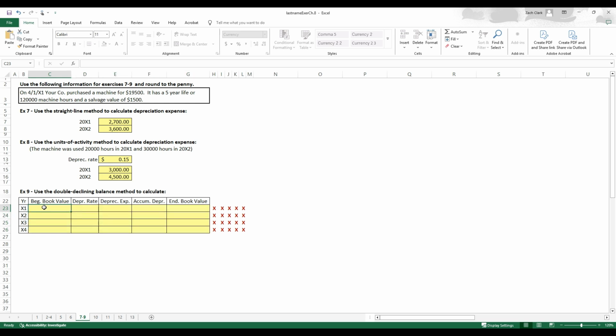All right, so now we're going to look at the double declining method. So remember that we don't use salvage value, so ignore that. And then to figure out our depreciation rate, we take 2 divided by, because it's double declining, so 2 divided by the 5-year life. And we're going to have a little bit of an extra factor here that we need to take into account.